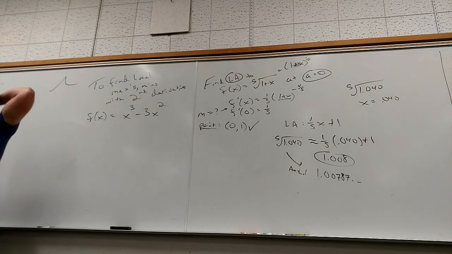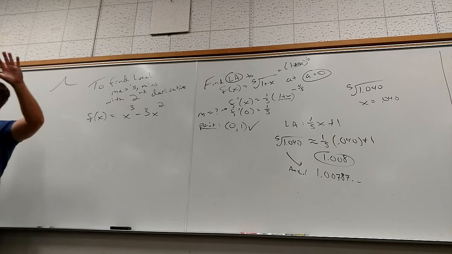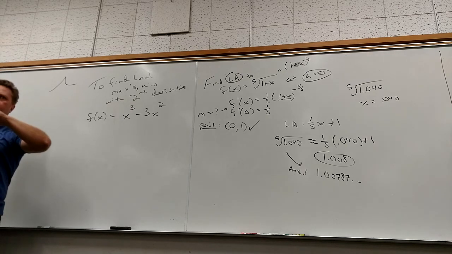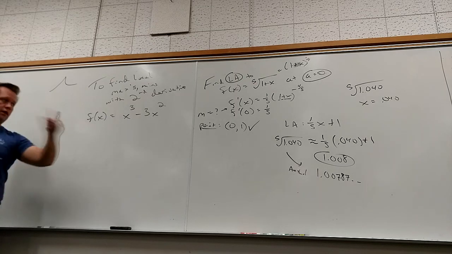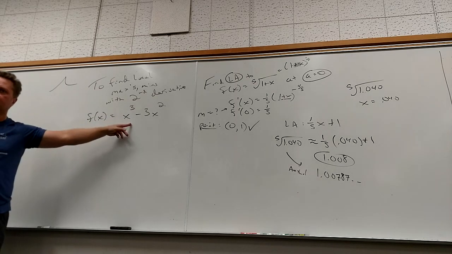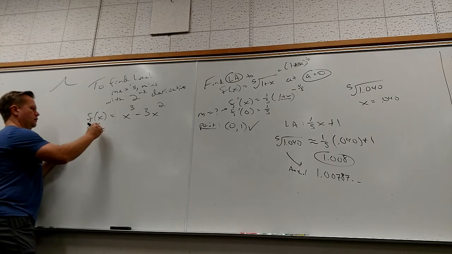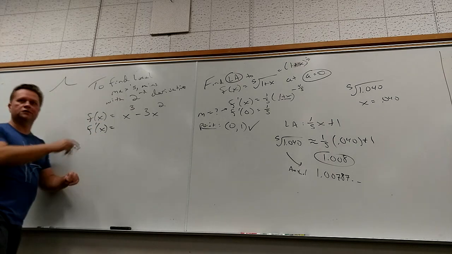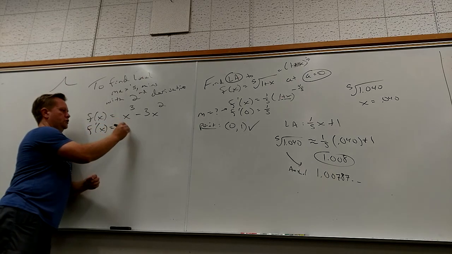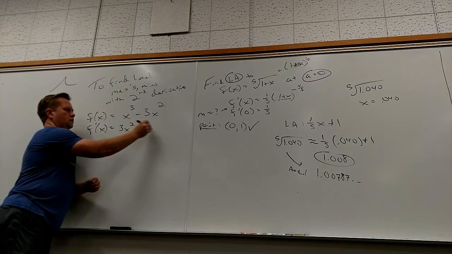So how do I find the critical numbers related to the local maximum? Take the derivative and then set it equal to 0, or where it's undefined, but this is a nice function. So of course the derivative is 3x squared minus 6x.